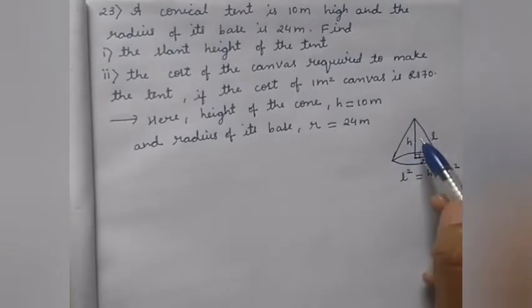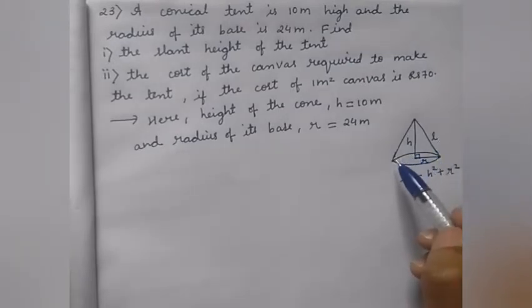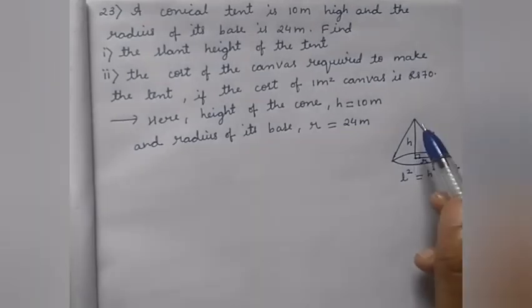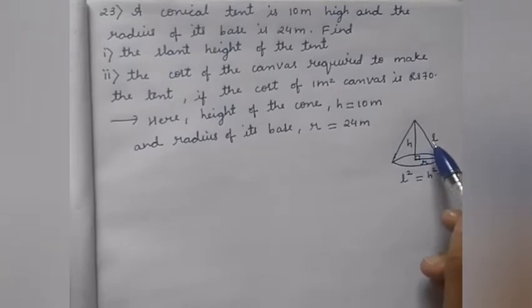Since we are discussing the right circular cone, the base is circular and the circle is perpendicular to the axis. So the angle here is 90 degree. This is the radius r, this is the height, and this is the slant height.